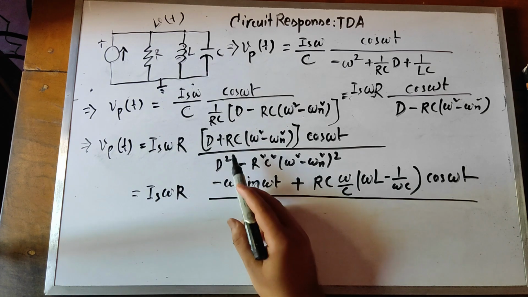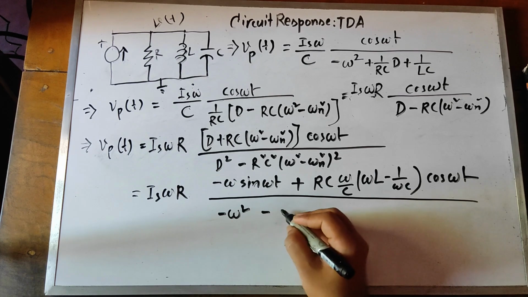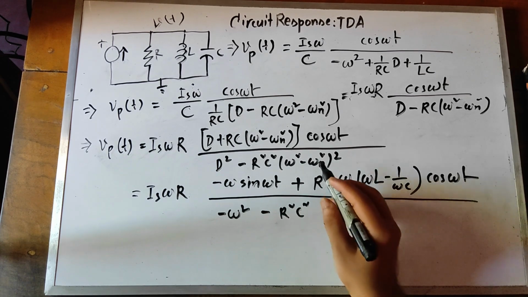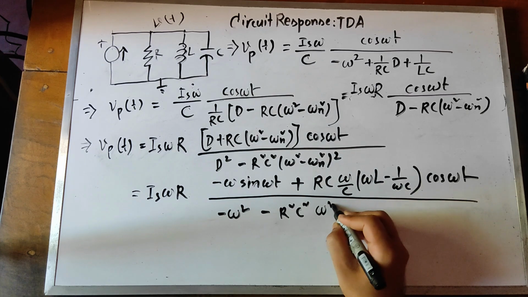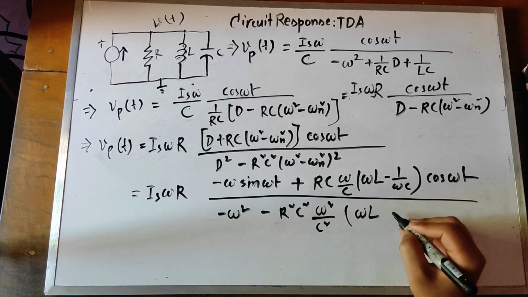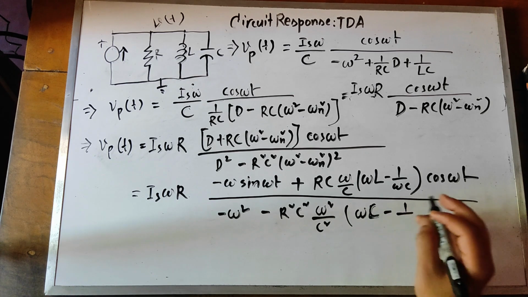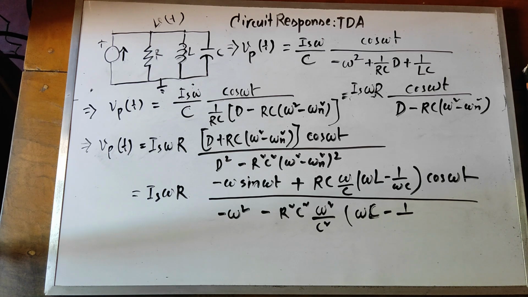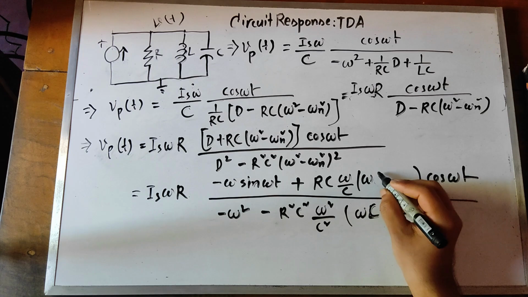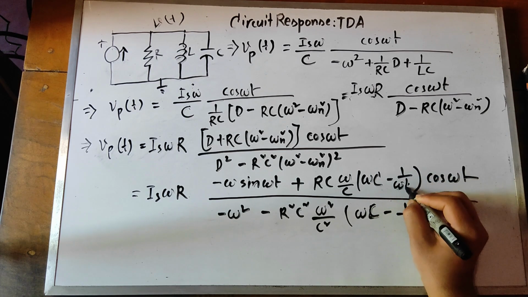Now this will be minus omega square minus R square C square. If I take omega by C out from this also, it will give me omega square by C square, omega L minus, sorry, omega C. I have done such a big mistake. So this will be omega C minus 1 by omega L.